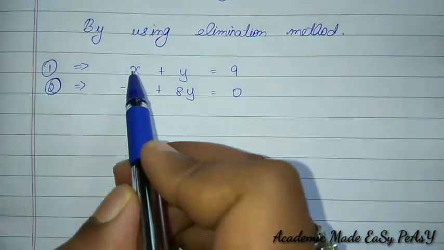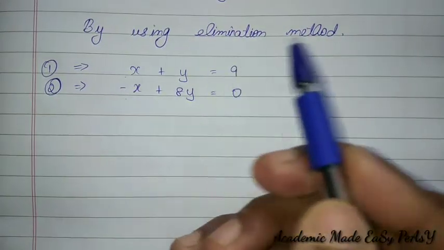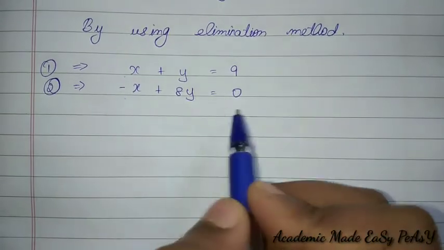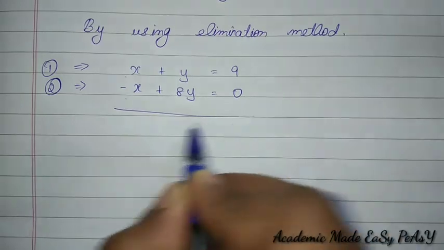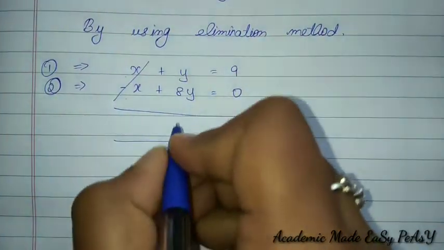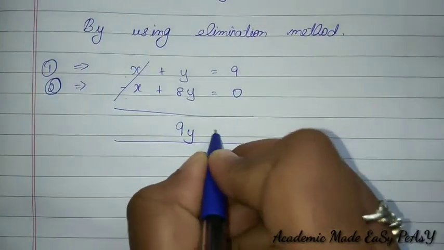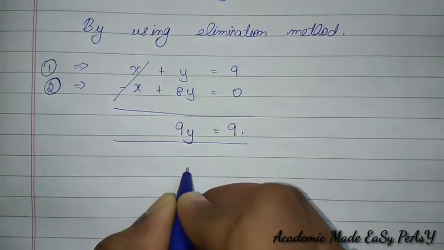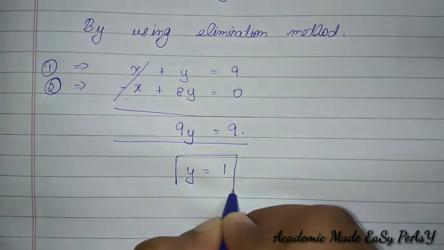Since the sign of x is plus over here and minus here, it is different, so directly I can just cancel. I need not subtract anything. So this part will get cancelled, and over here it is 9y. y plus 8y is 9y is equal to 9. So y is equal to 9 divided by 9, it is 1.